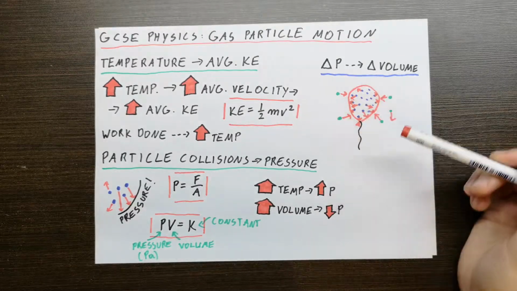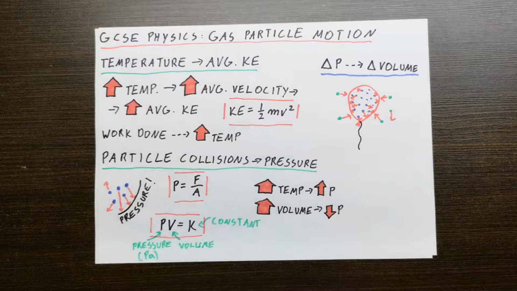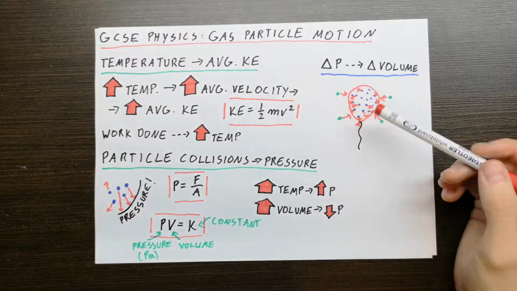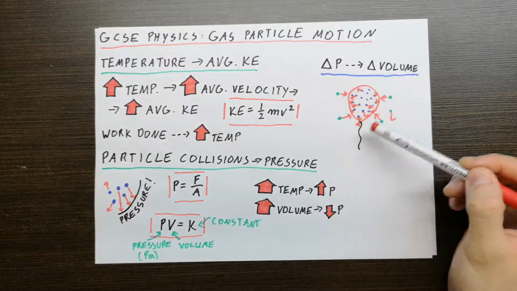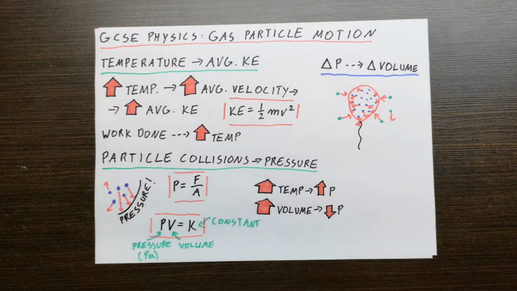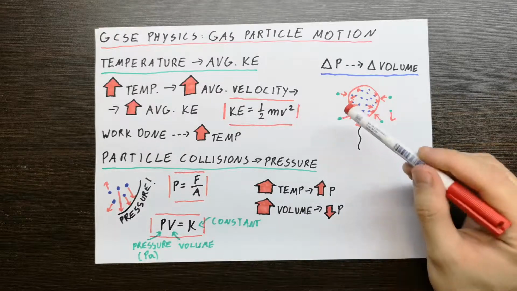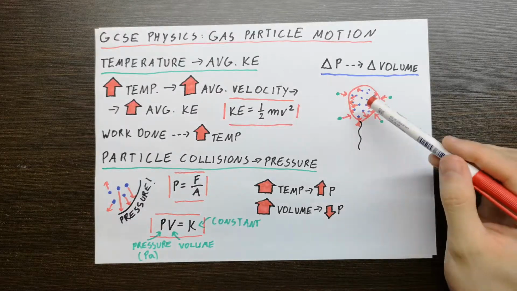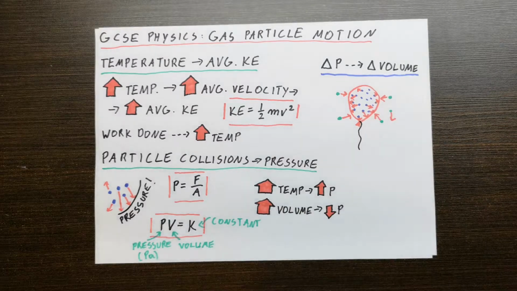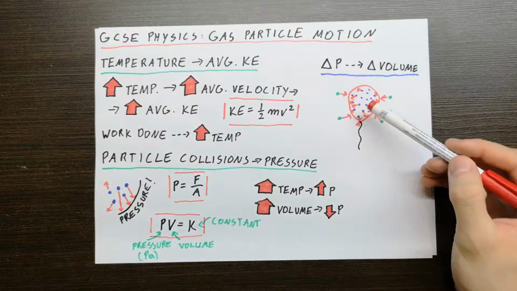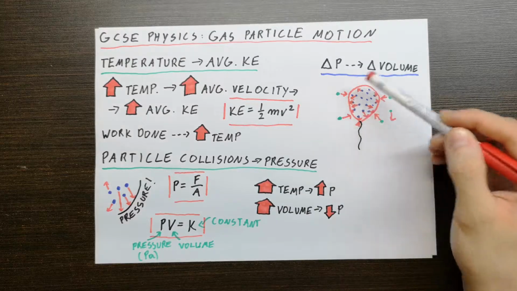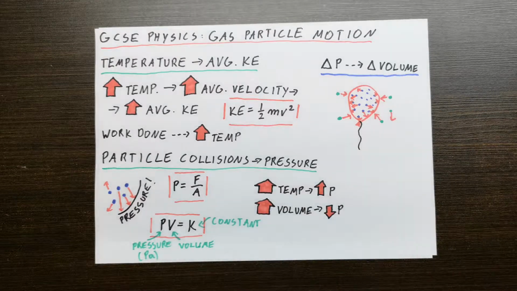So here we have a helium balloon that we pumped up with helium, and outside we have air particles. Essentially, the volume of that helium balloon is decided by the balance of the outside pressure and the inside pressure. If we pump more particles into the balloon, we are increasing the pressure inside the balloon, so it exerts greater force on the side of the container, i.e. the balloon, causing it to expand.